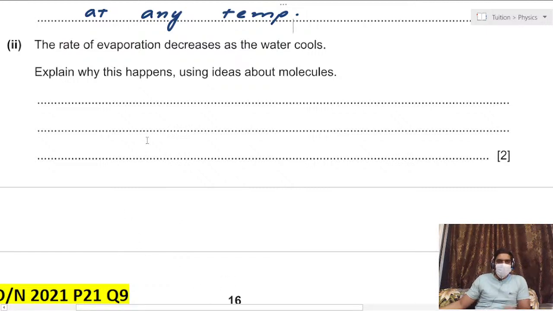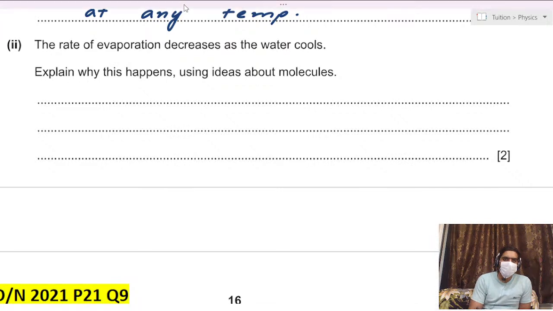So if you decrease the temperature, if the water is cool, molecules have lost some of their energy. They don't have enough energy to escape from the surface. So how do we write this down? We have to phrase it properly.